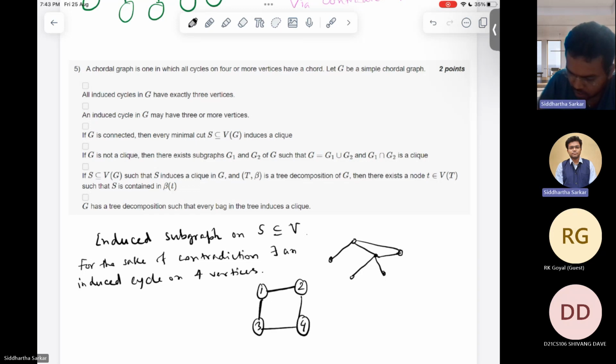Remember that all the edges in the original graph among these 4 vertices you have taken, and it turns out that you have a 4 cycle. But you already know that this is a chordal graph and you are looking at an induced subgraph of the chordal graph. So this immediately violates the chordal nature of the graph, because these two non-adjacent vertices do not have an edge.